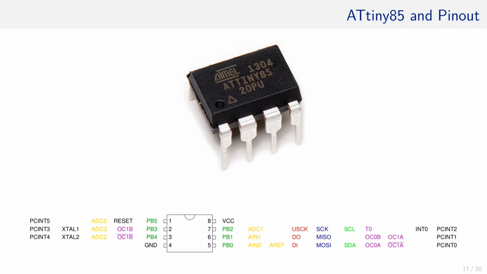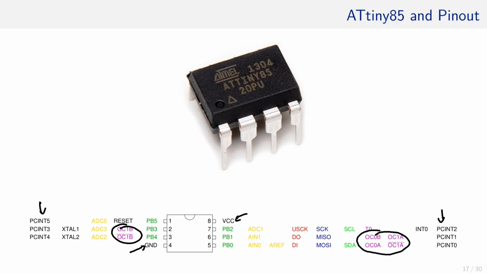The pinout of the ATtiny is a little bit cramped. We have the pin change interrupts for all pins except VCC and the ground. Then we have the waveform generators of the timers, albeit only 2 timers are available here.